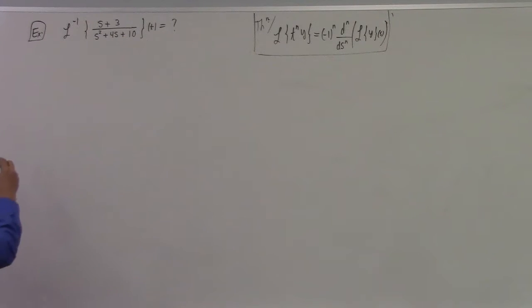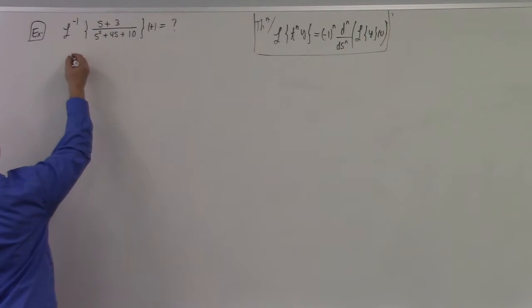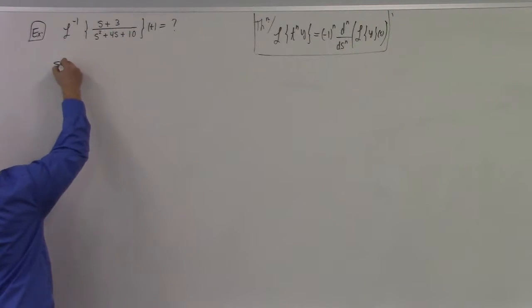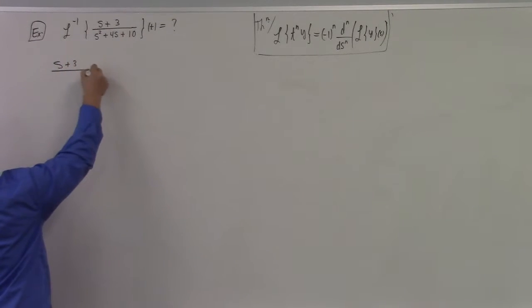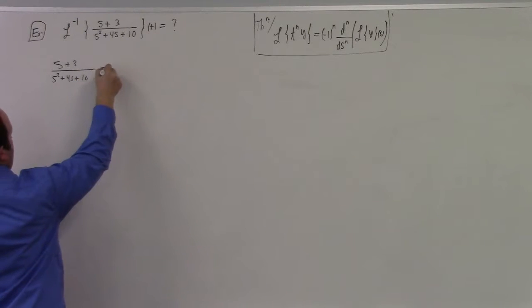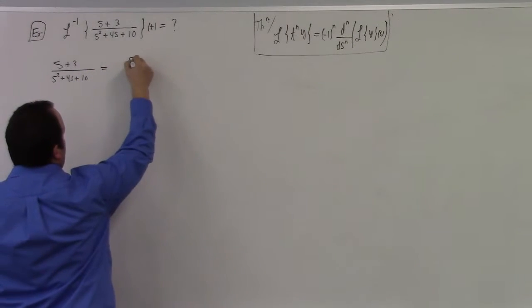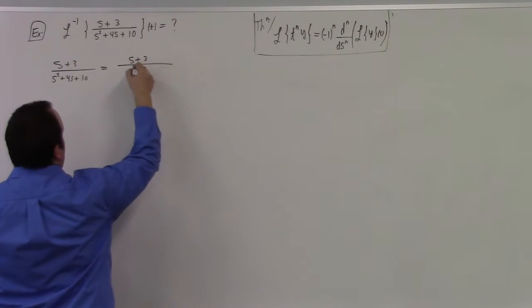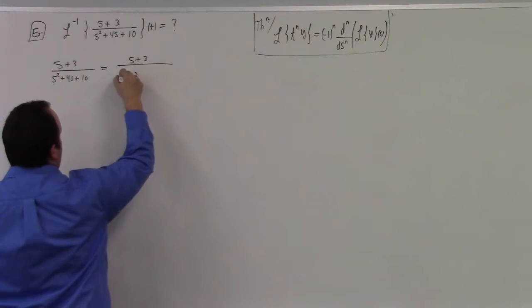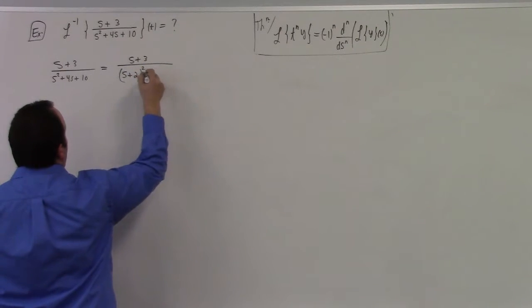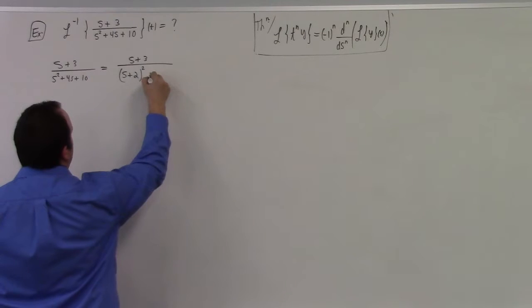Okay, so what we've got to do is basically complete the square, right? Notice that s plus 3 over s squared plus 4s plus 10 is really s plus 3 over s plus 2 quantity squared, plus what?